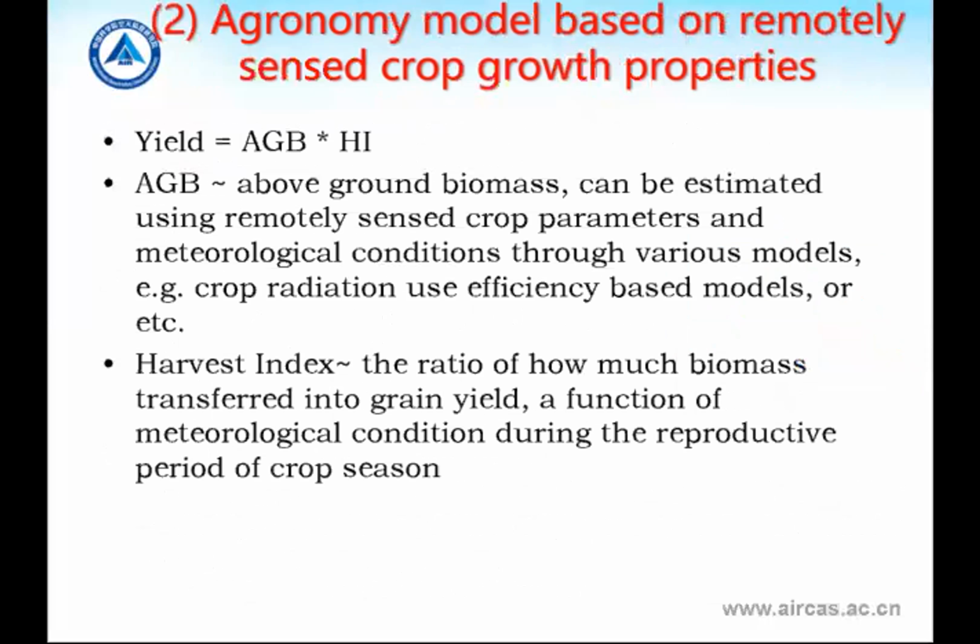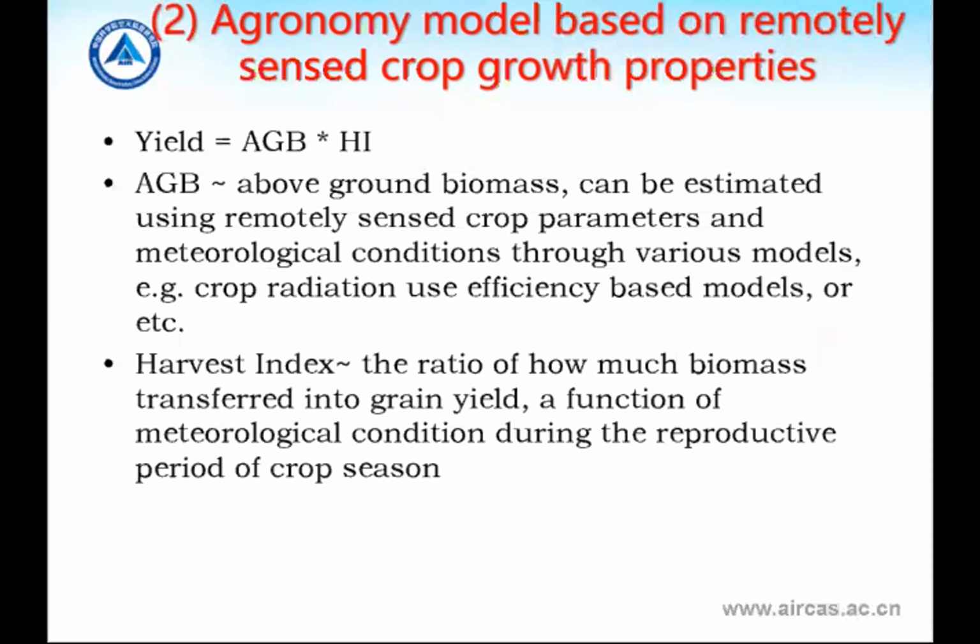Here's another framework to estimate crop yield with above ground biomass estimation and harvest index estimation. The above ground biomass can be estimated using the remote sensing parameters and the meteorological conditions through various models, such as the radiation use efficiency based models, just like the Kata model or the CFIX model.